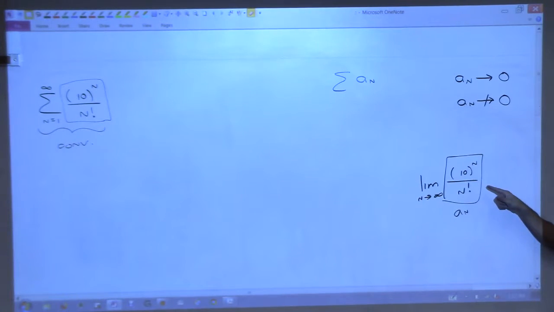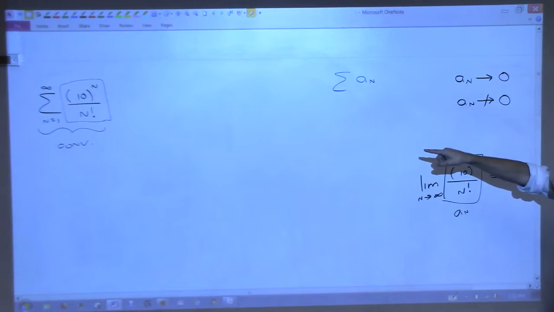Why though? If this turned out to be something other than 0, let's say 2, then what does the nth term test tell us? That the series diverges, right? But what does it do? So it can't be anything other than 0, the only thing it can be is 0.